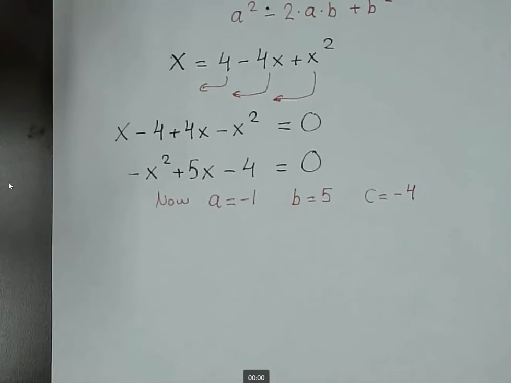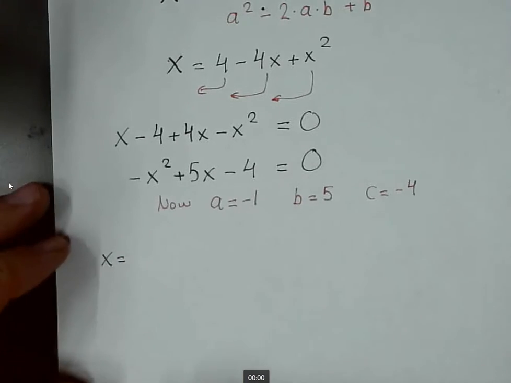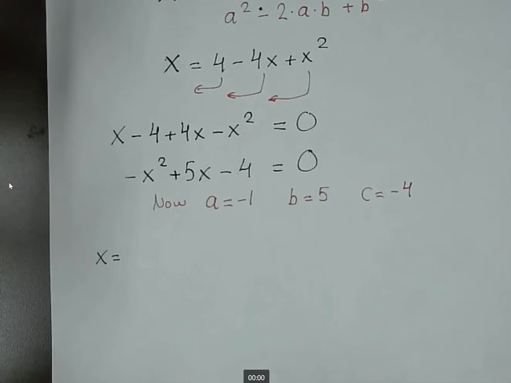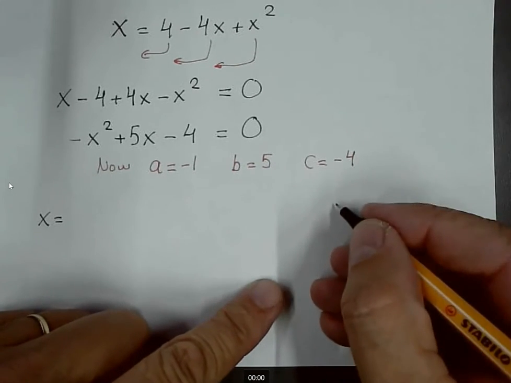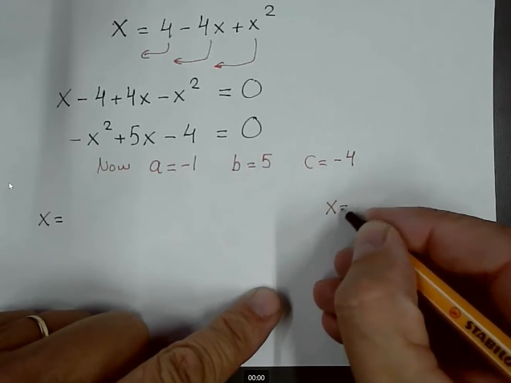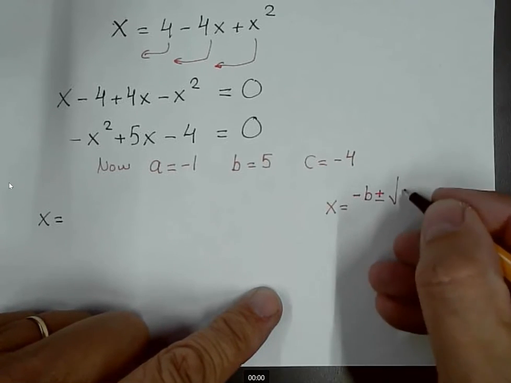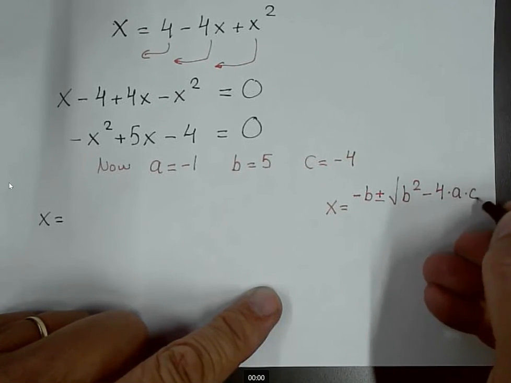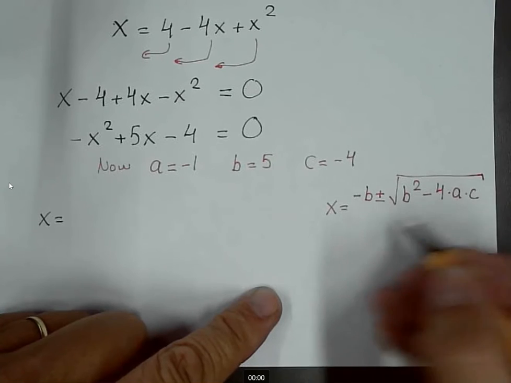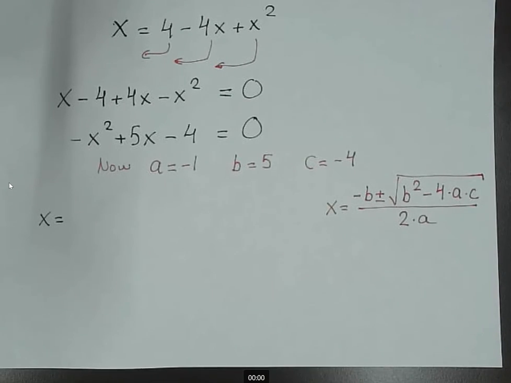And the solution of this will be, I write the formula in the right hand side of this page. x equals minus b plus minus square root of b squared minus 4ac, and 2 times a in the bottom of this fraction.